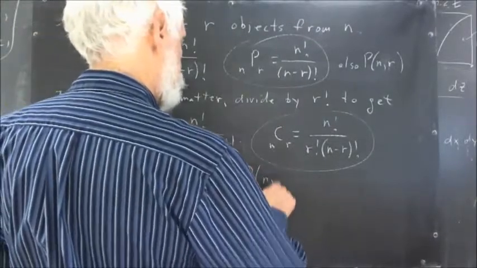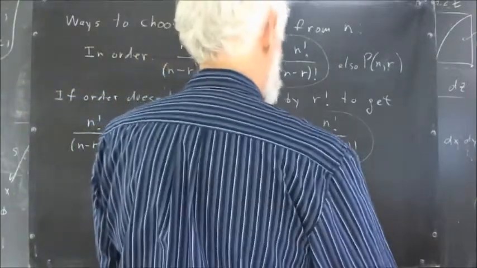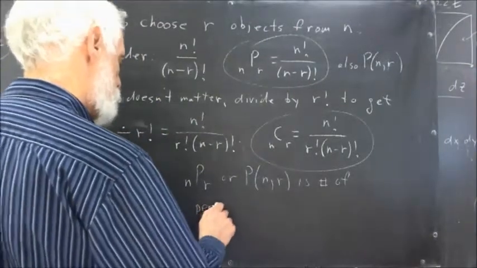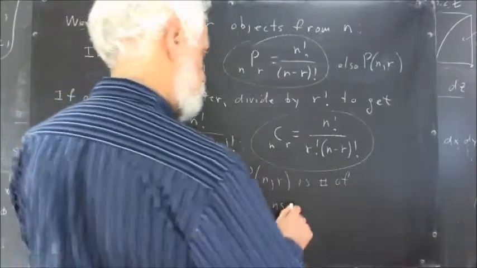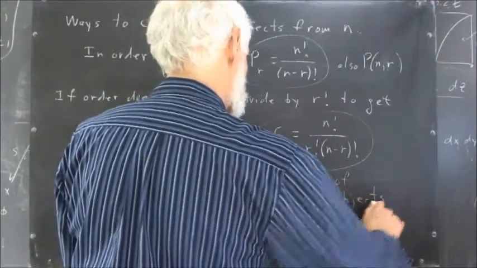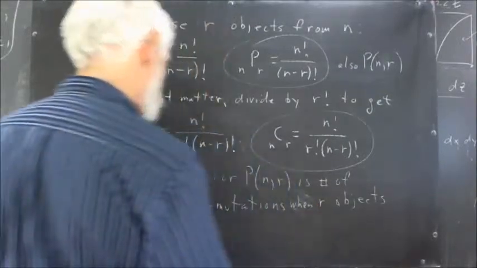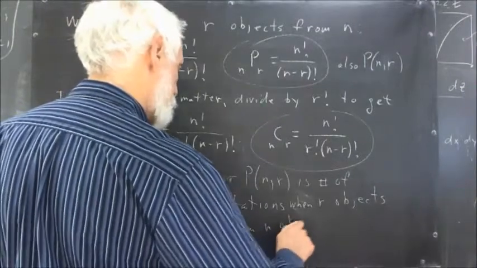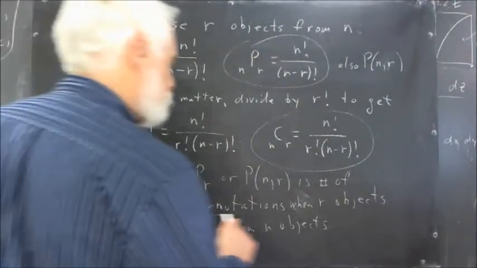Another notation is P of N, R. It is the number of permutations of R objects when R objects are chosen from N objects. And the word there is permutations.